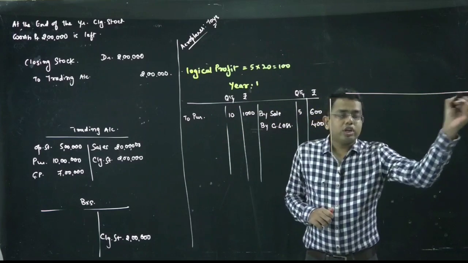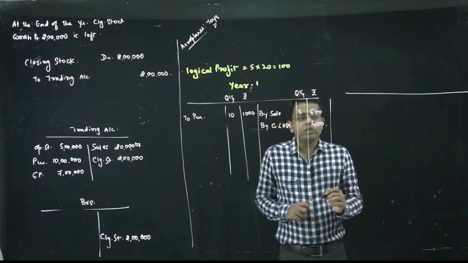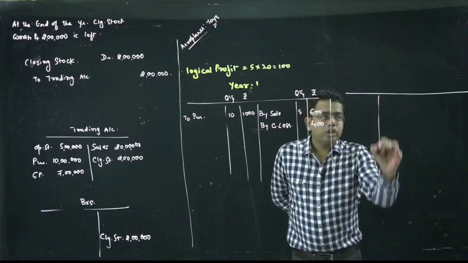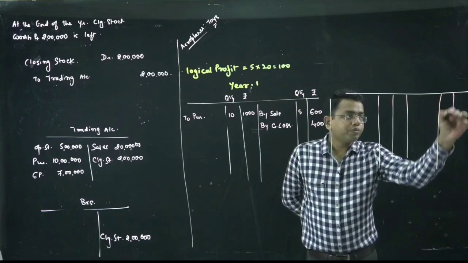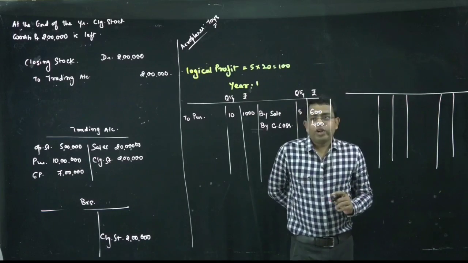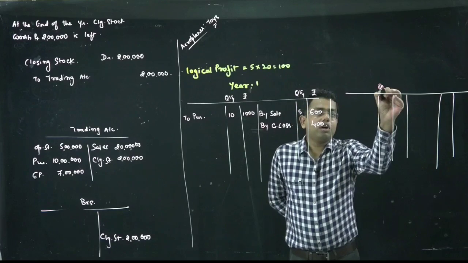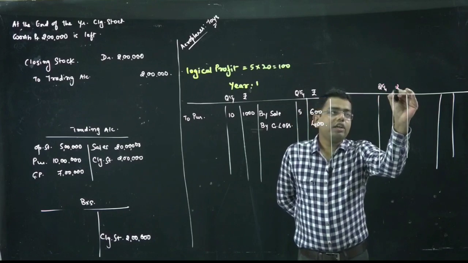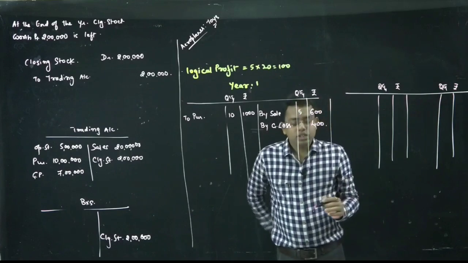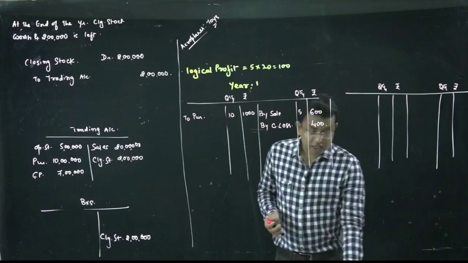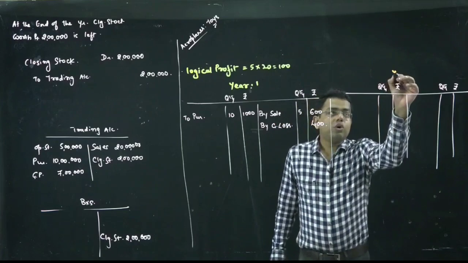Let us understand the situation in year 2. Again let us prepare a 2 column trading account, one for quantity and one for rupees. This is my year 2.